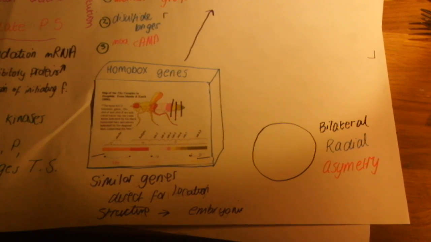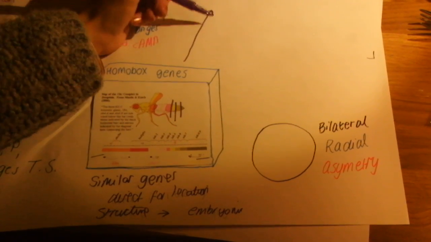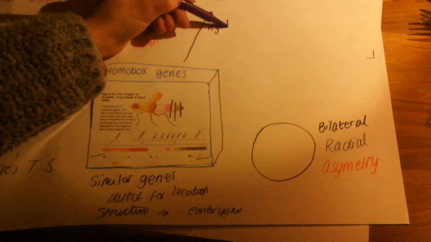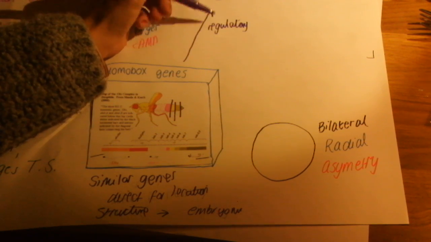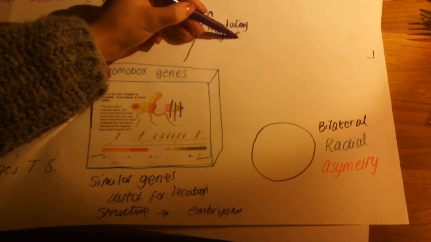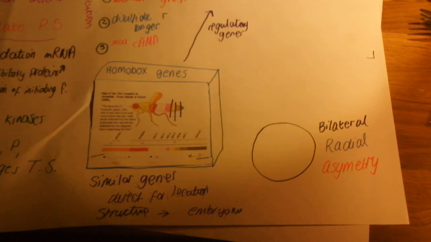The domain binds to the DNA and switches the genes on and off. The Homeobox genes, therefore, are regulatory genes, as they are able to switch the genes on and off.